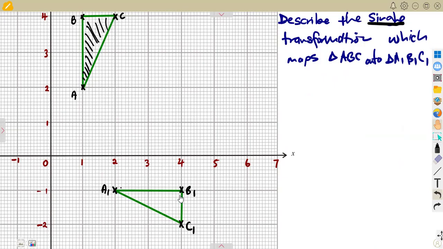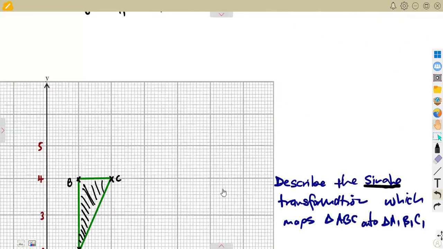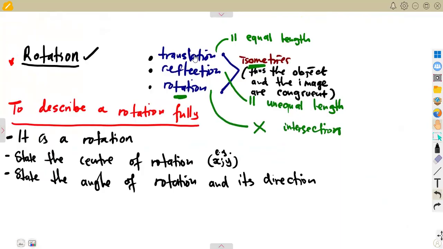From B to C, from B1 to C1, exactly the same length. This is your congruence. They are congruent figures, isometries. So I'm going to expect one of these 3 transformations: either a translation, a reflection, or a rotation.